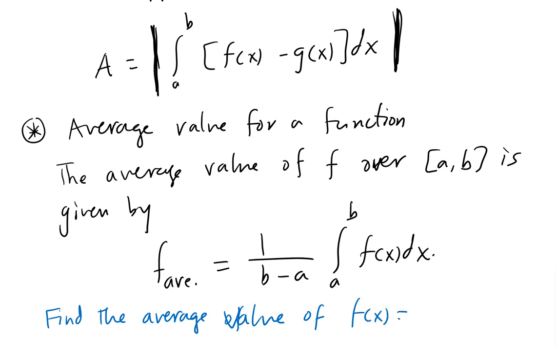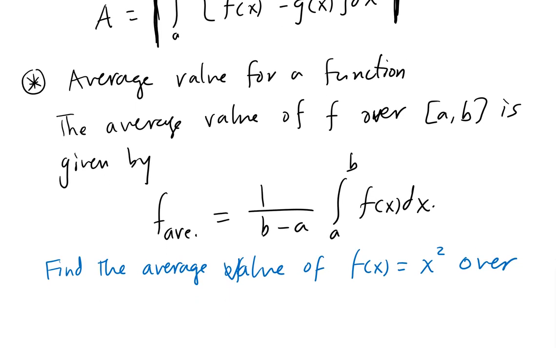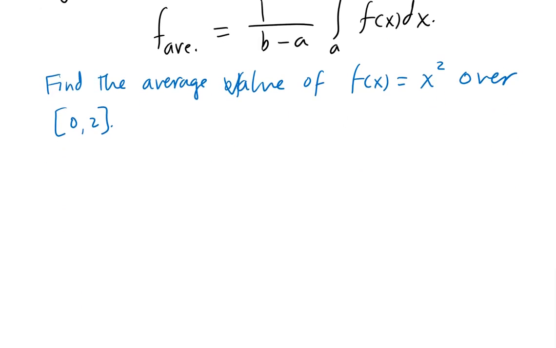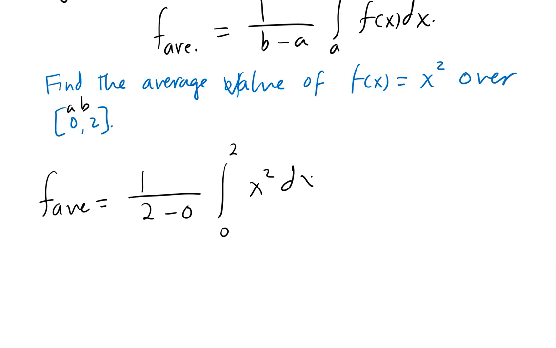Find the average value of f of x equals x squared, as an example, over the interval 0 to 2. So f average, by definition, this is a, this is b: 1 over b minus a, integral from a to b, the function itself, dx.